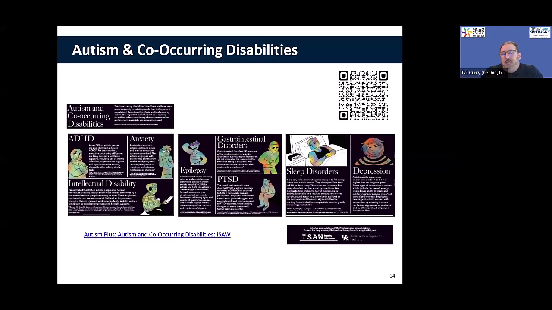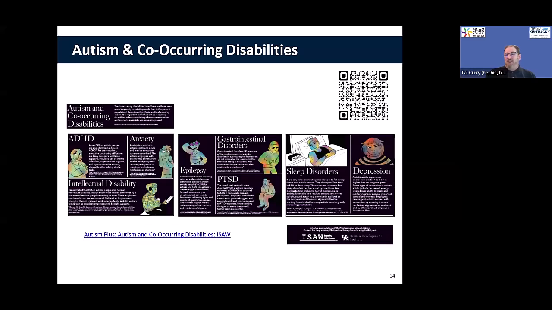But research indicates that the average is 50% struggle with ADHD. Some would say, as far as anxiety, somewhere between 80 and 90%, maybe even higher, have some experience with anxiety. 10 to 20% of autistics have epilepsy, compared to only 1.5% of non-autistic people.